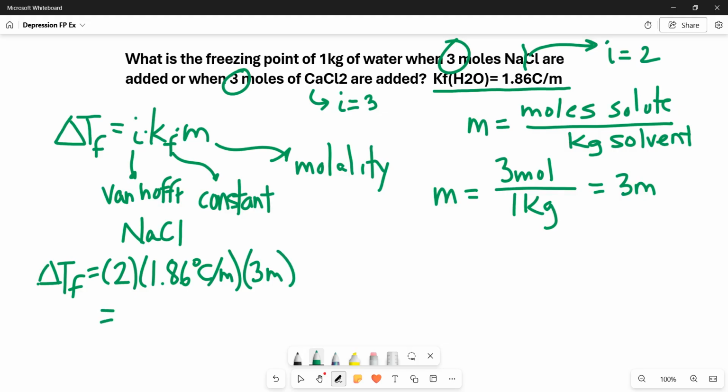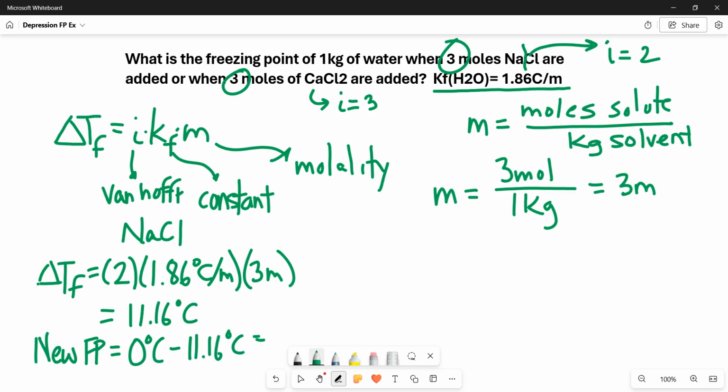And in this case, our change is going to be 11.16 degrees Celsius. So what's the new freezing point for water with sodium chloride in it? Well, it's going to be 0 degrees, its normal freezing point, minus 11.16 degrees Celsius. And so it's going to be negative 11.16 degrees Celsius.